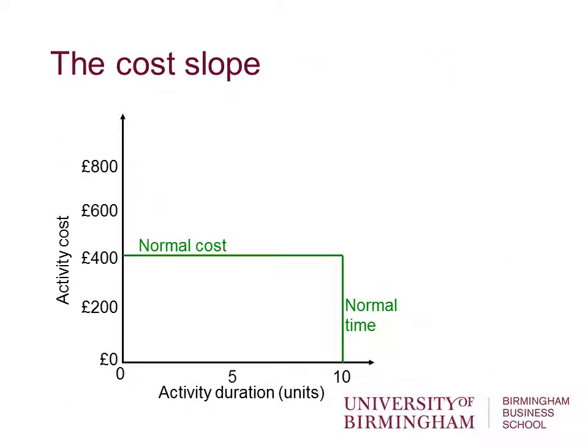So a way of thinking about it is by using the cost slope. Let's imagine we have an activity. It's going to take 10 days, which would be normal time, and it will cost £400, which we would call normal cost. Imagine we want to carry it out in 5 days, which would be a crash time. We'd have to add resources to this activity in order to reduce the duration.